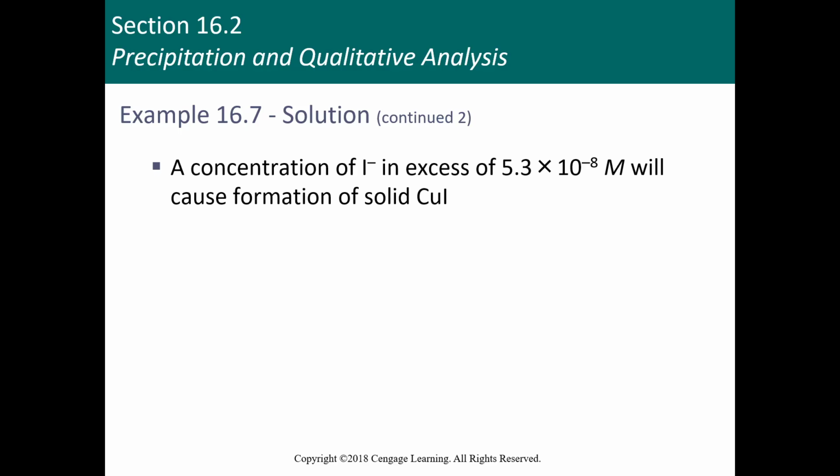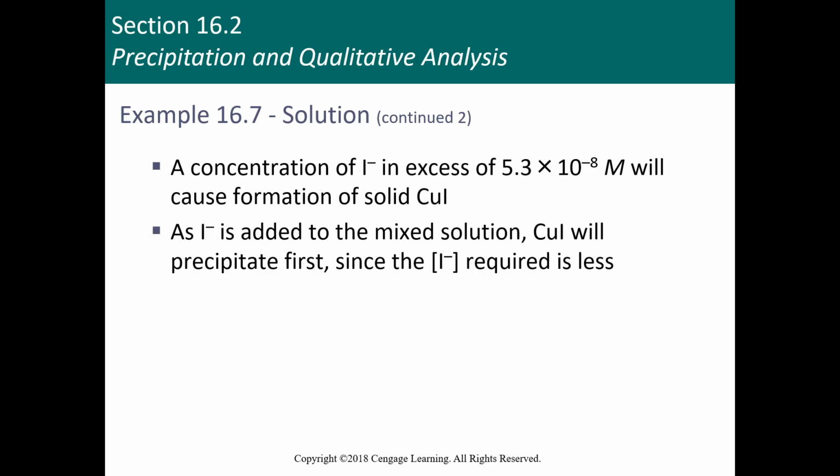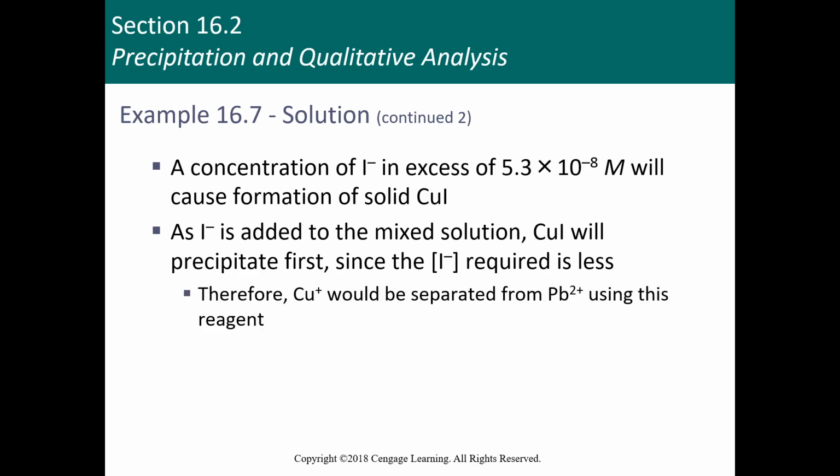And so we see that the copper is going to end up precipitating first, because that's the one that can take the least amount of iodide concentration before it precipitates. Whereas the lead will precipitate afterwards. So the first one to precipitate would be copper. This would leave the lead behind if we put this reagent in.